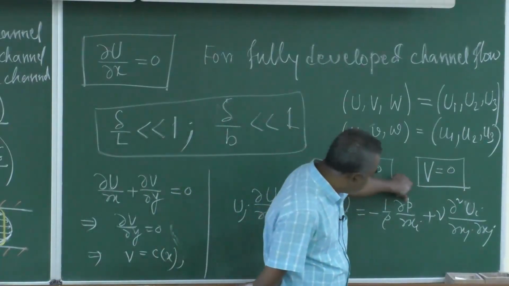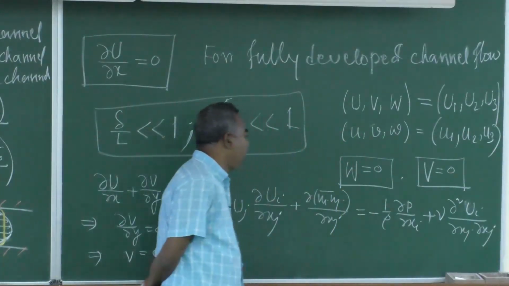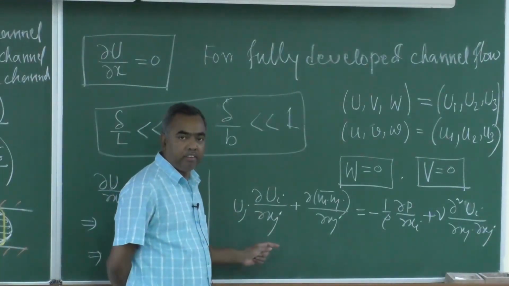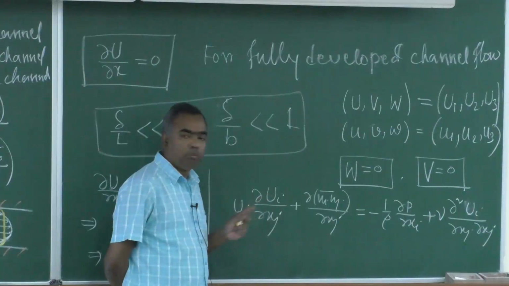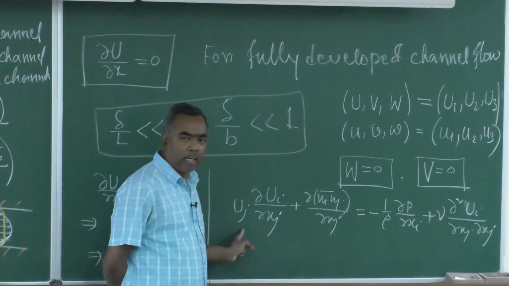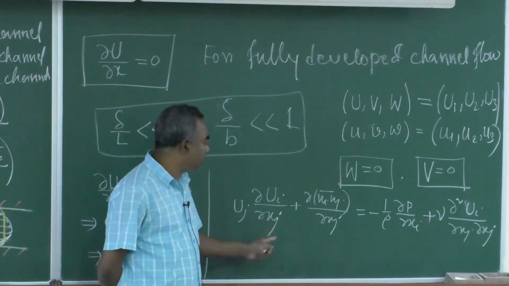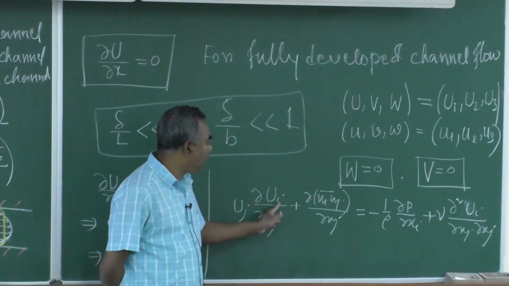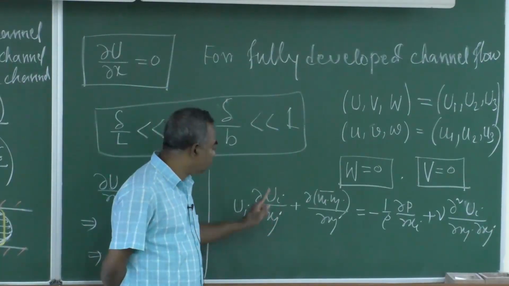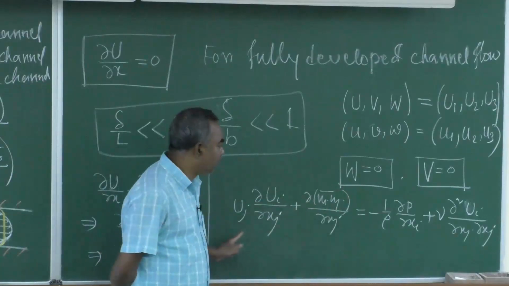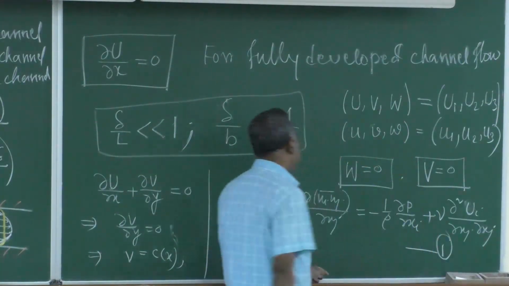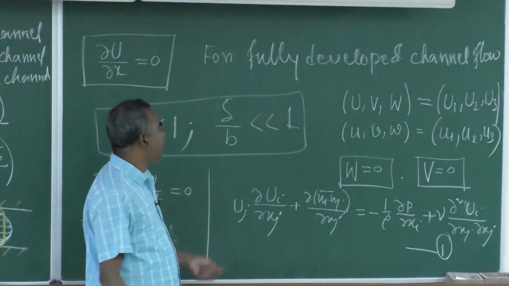Here P is also an averaged quantity. From this equation, since W is 0, we will have two momentum equations, which can be found for i equal to 1 and i equal to 2. If you consider the momentum equation corresponding to i equal to 2, that is nothing but our y momentum equation. Let us call this equation 1. From equation 1 we can write the y momentum equation.